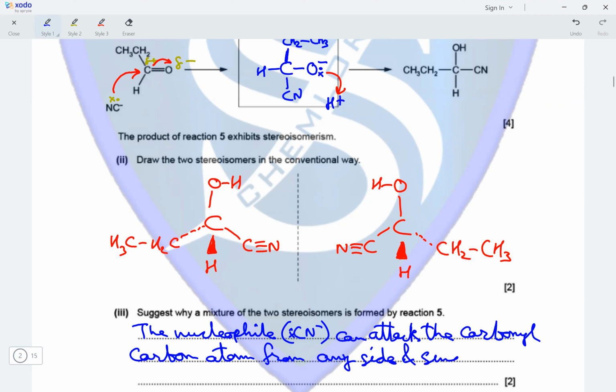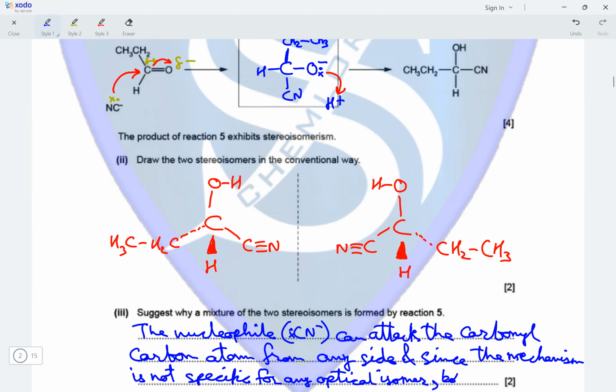And since the mechanism is not specific for any optical isomer, both isomers are formed in equal quantities.